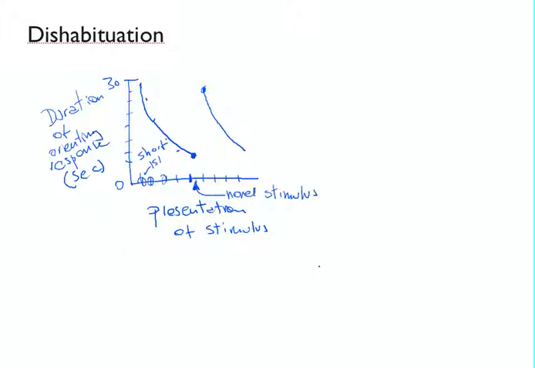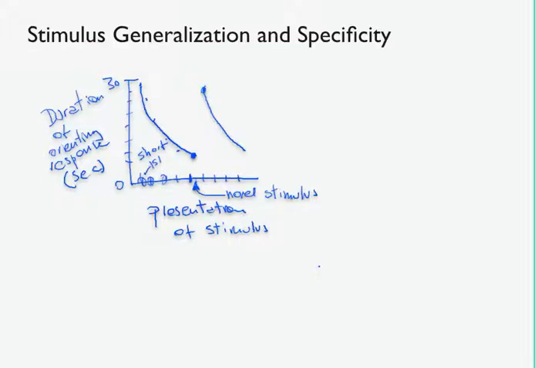Alright, and the last characteristic that I wanted to talk about, and it's a very important one, is stimulus generalization and specificity. What this implies, the idea of stimulus generalization and specificity, is the following. Let me erase this.